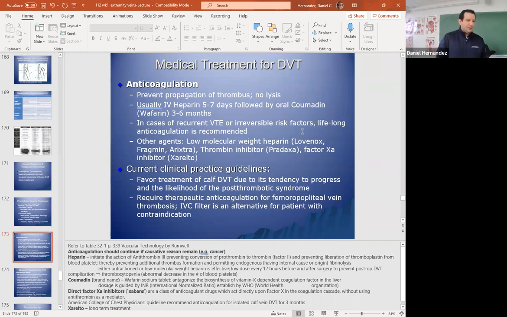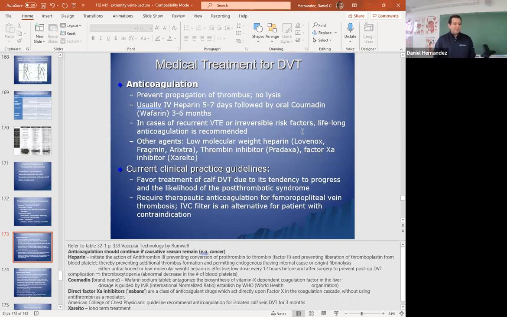So that's typically a registry question or a test question, about the difference between thrombolytic or thrombolysis medication. Lysis is the actual breaking down of something, versus anticoagulation medications. Again, these medications prevent the propagation or the development of new thrombus from forming. They don't actually lyse, they don't actually break down the clots.